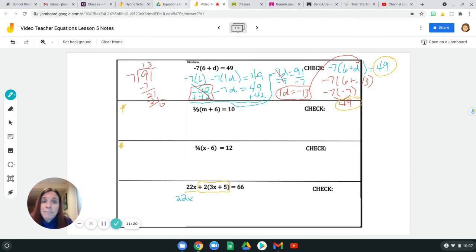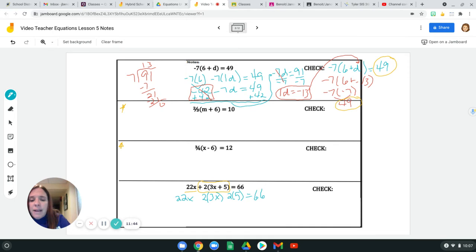Nothing happens to it. It's not part of the distribution. It's before it. Now I'm going to distribute a 2 to the 3x and a 2 to the 5. I'm not going to distribute a 2 to the 66 because that's on the other side of the equal sign and was not part of the parenthesis.